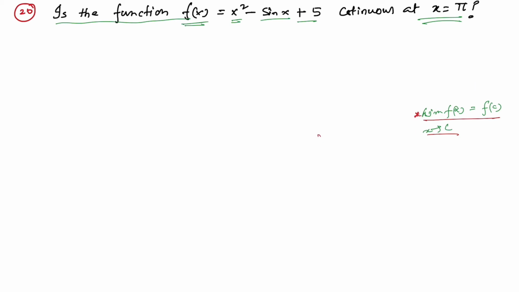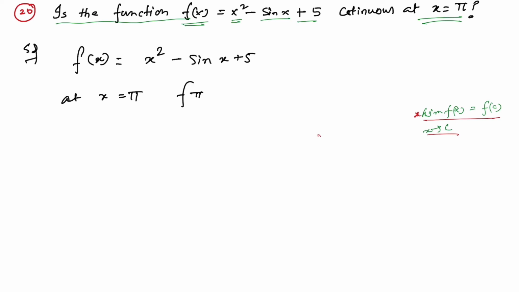So here first we are going to find the limit. First write the given function, that is f of x equal to x square minus sin x plus 5. At x equal to pi, first find f of pi. That is going to be pi square minus sin pi plus 5. So what is the value of sin pi? We can consider this as sin of pi plus 0.